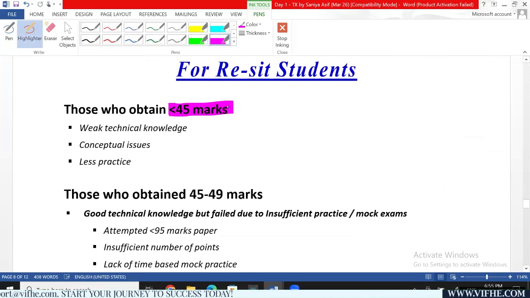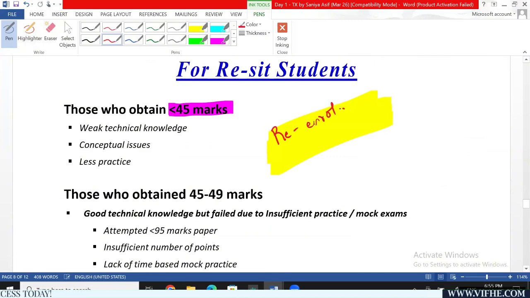For them, I would suggest that they really need to re-enroll themselves in the crash course, so that they will be given ample data, they will be given recorded content, they will have to go through that entire thing, they will have to prepare themselves completely and comprehensively with respect to the technical issues that they had to face previously.